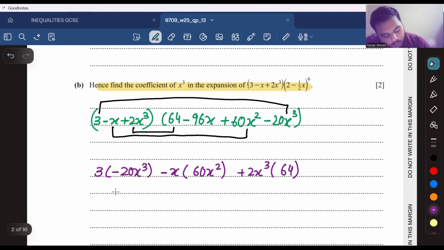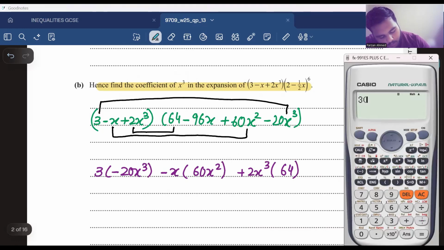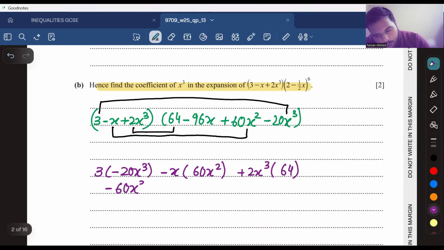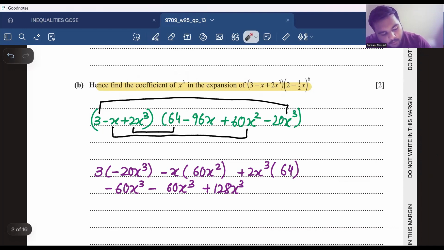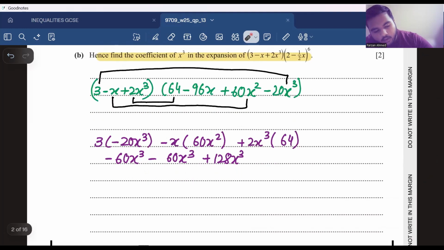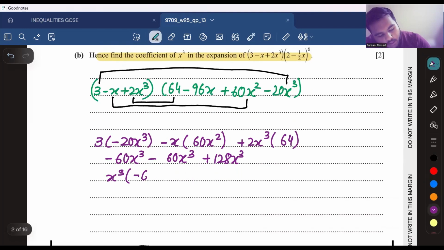So 3 times minus 20 is equal to minus 60x cube, minus 60x cube, plus 128x cube. So we have the x cube terms. In this, x cube will be common: minus 60 minus 60 plus 128.